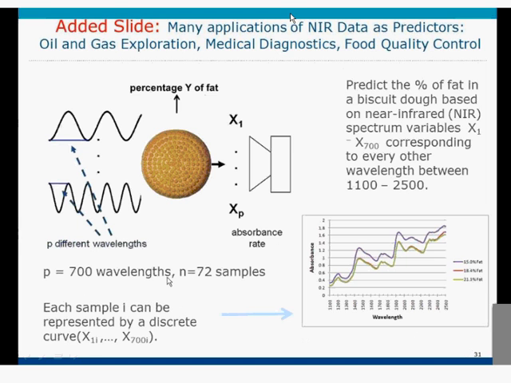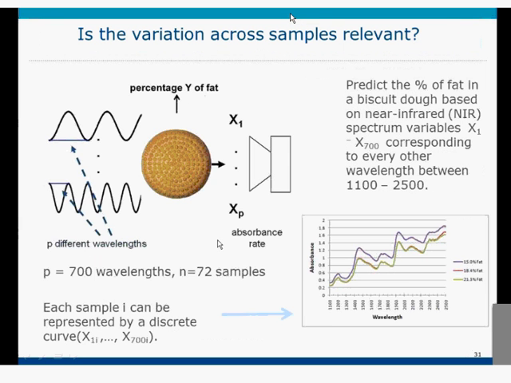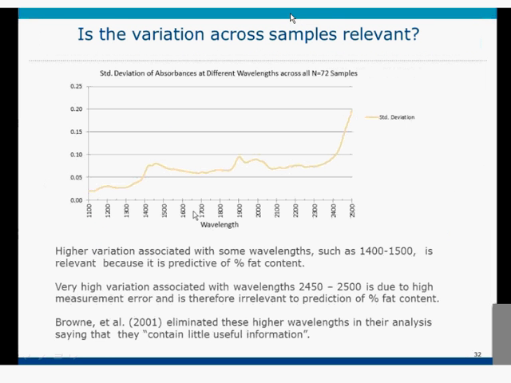This turns out to be a range where it's providing good prediction. This 0.312 peak to peak turns out to be pretty good. We'll see what it looks like for the others as well pretty soon. But in some cases, a higher standard deviation means that it's a good predictor.